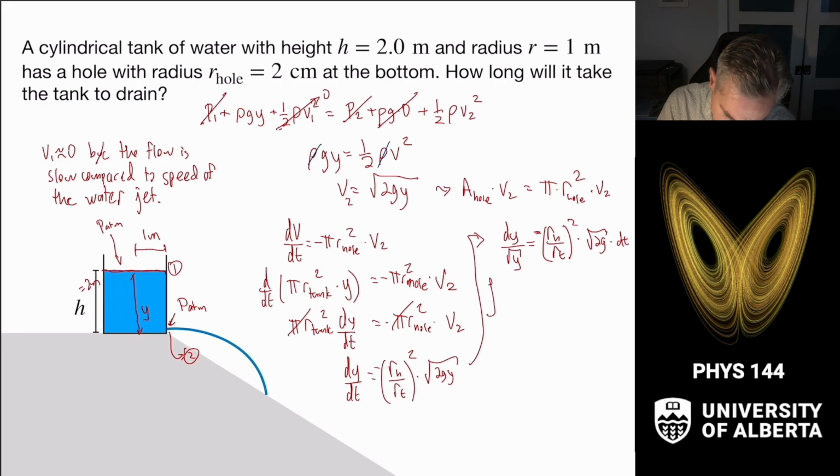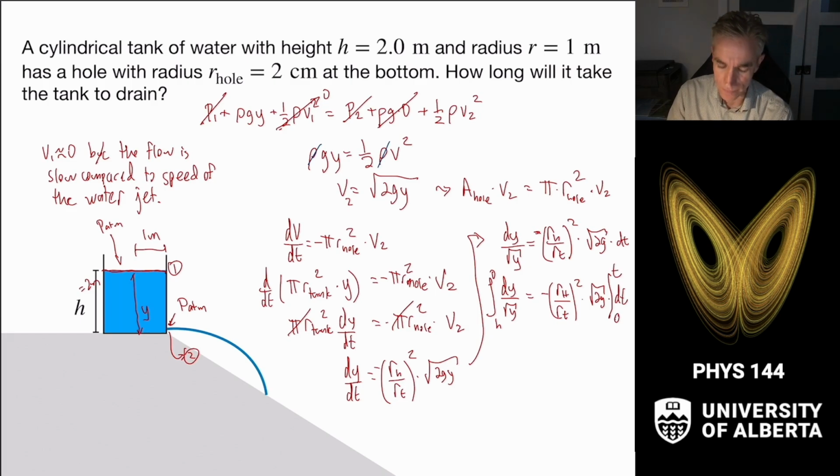I'm going to integrate the height from dy over root y from height y to 0. So it starts at height h and it goes to 0. And then from there, that's going to be minus RH over R tank quantity squared times root 2g times dt, and that t integral is 0 to whatever time we want to find out.